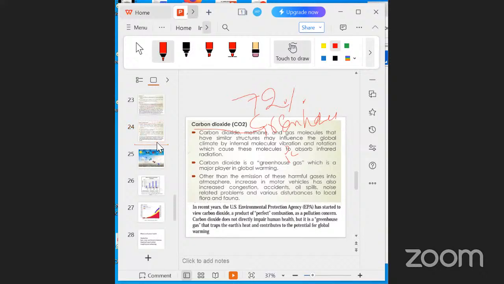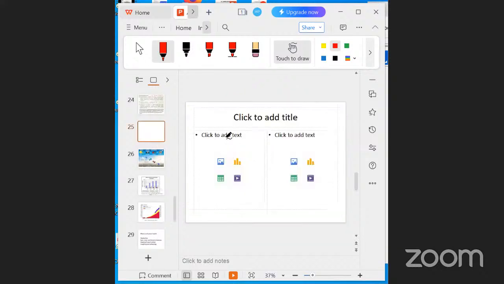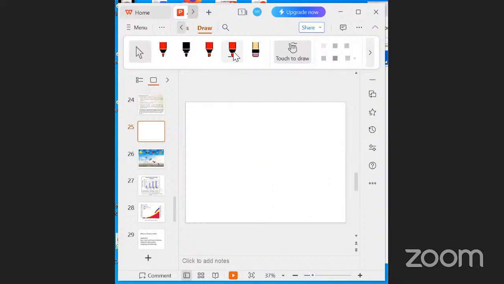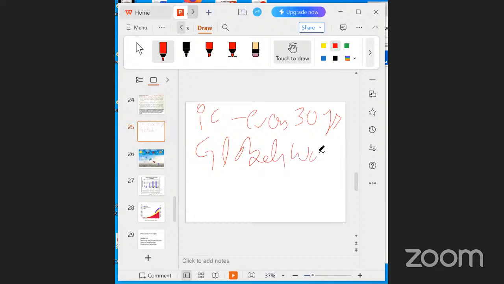It is a process widely known as global warming.